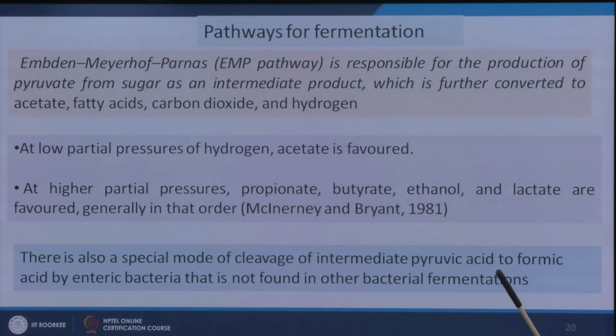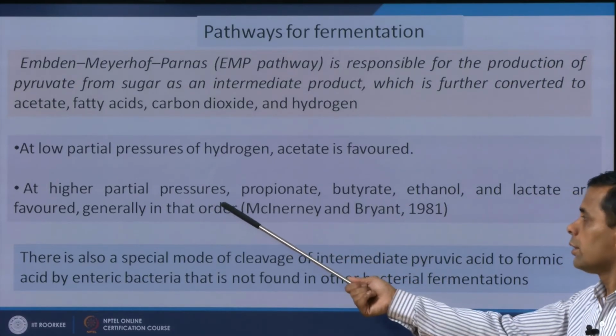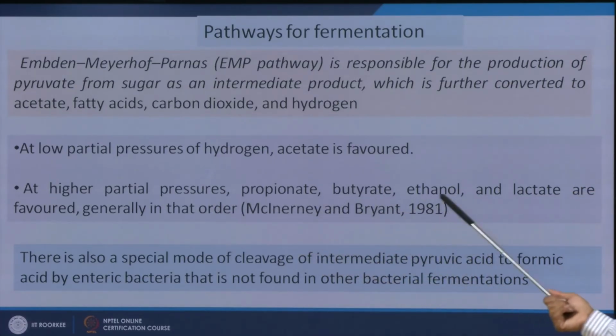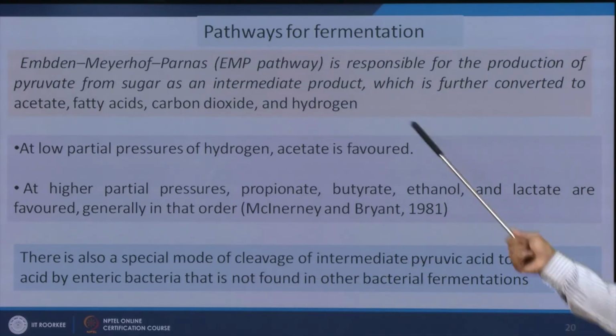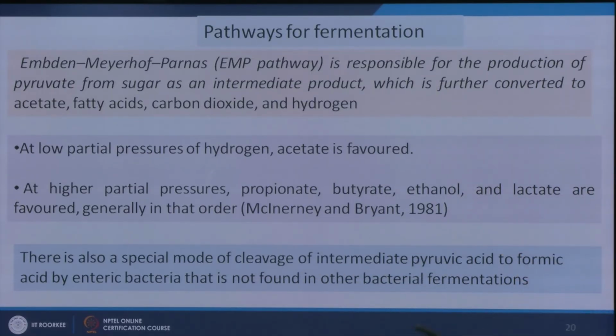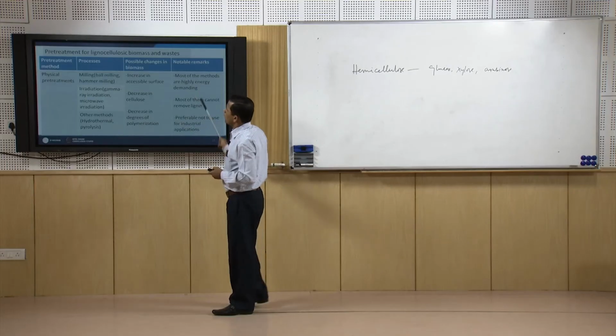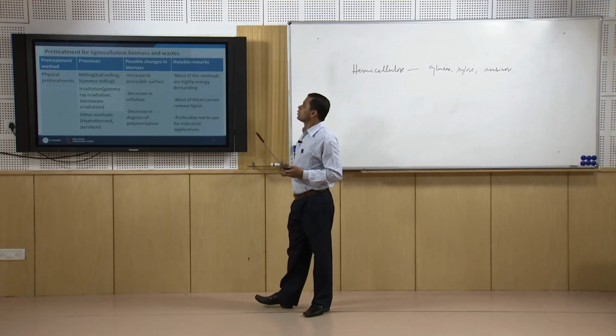If the partial pressure of hydrogen is higher, then propionate, butyrate, ethanol and lactate are formed. We have already discussed that there is also a special mode of cleavage of the intermediate pyruvic acid to formic acid in the presence of E. coli or enteric bacteria.